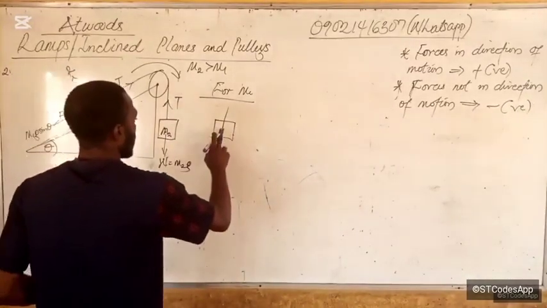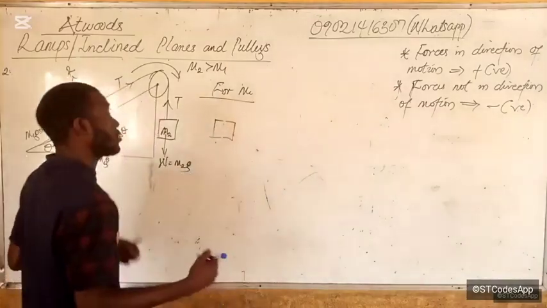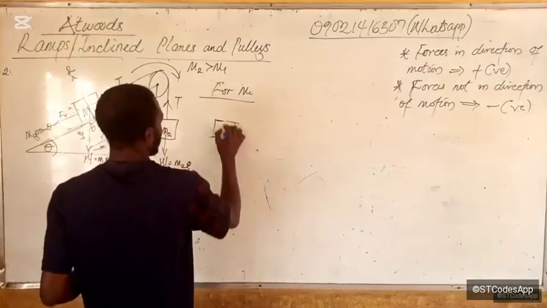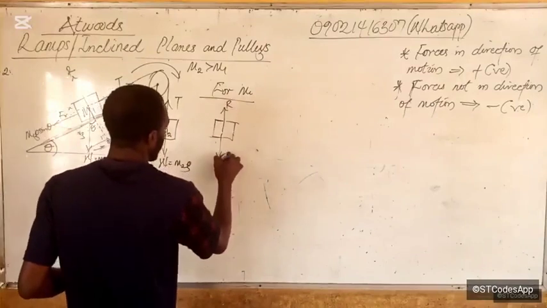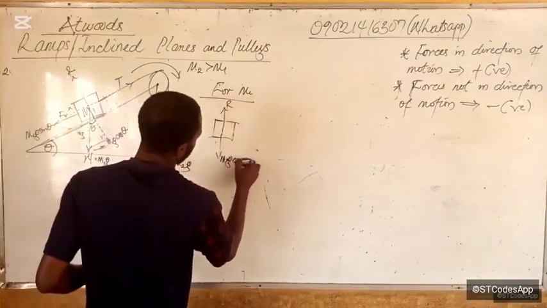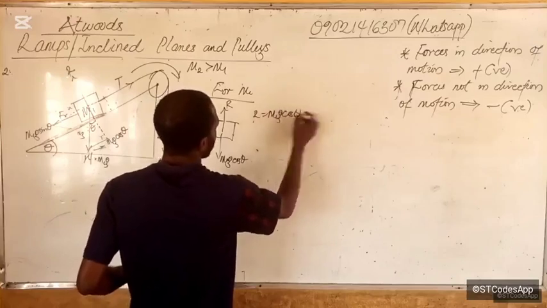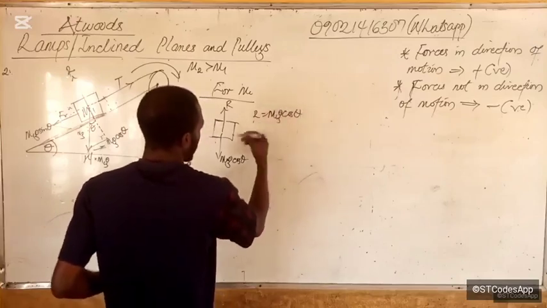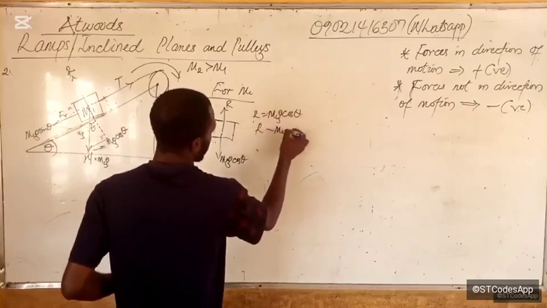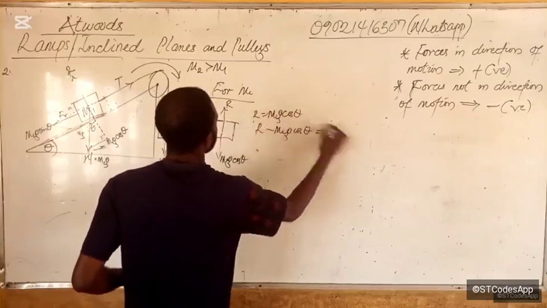So since they balance each other out, we don't need it. If you like, you may just want to draw it and M1g cos theta. So since R equal to M1g cos theta, the sum will be 0. R minus M1g cos theta equal to 0.